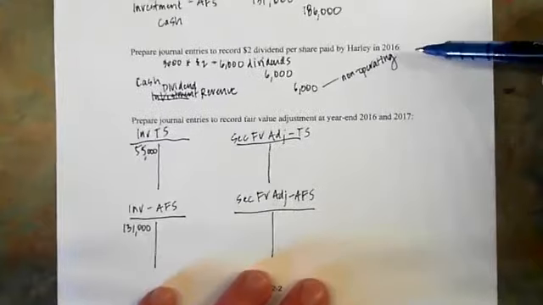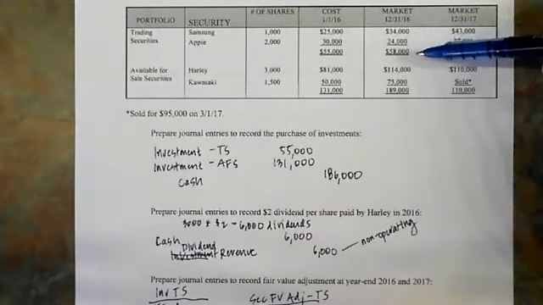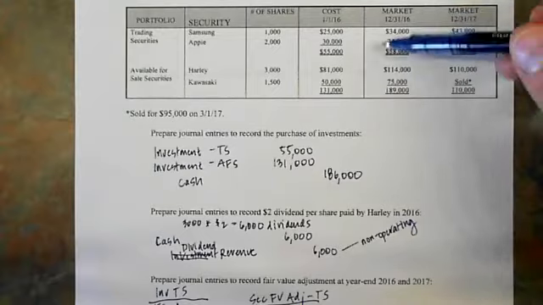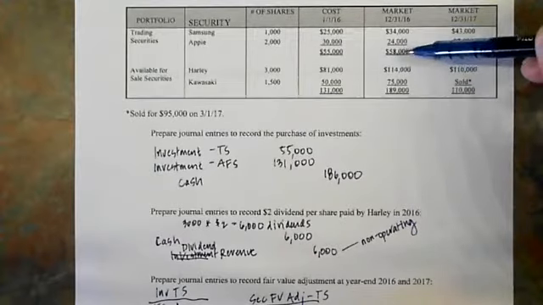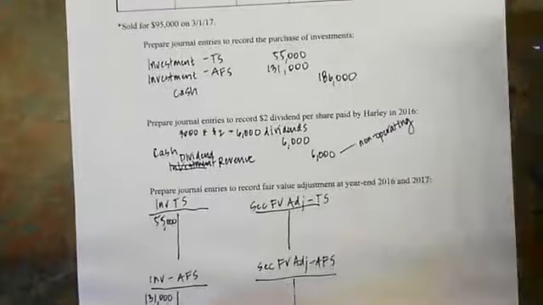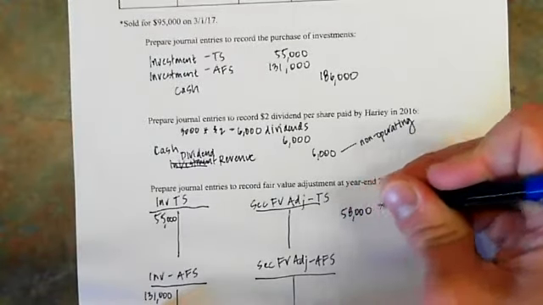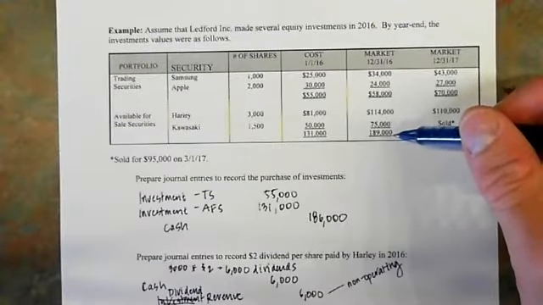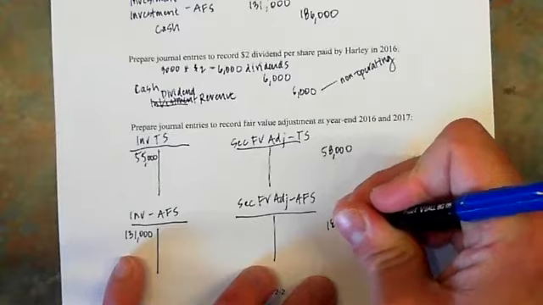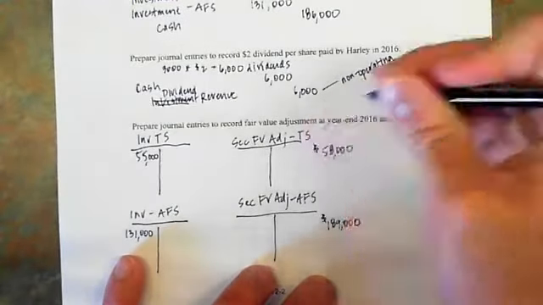So for the end of the first year at 12/31/16, I can do a total adjustment. I don't have to do it on Samsung and then Apple. I can just do 55 to 58. So I want a $58,000 balance for those. For my available for sale, I want a $189,000 balance on my balance sheet because I want these both to be represented at their market value on the balance sheet.